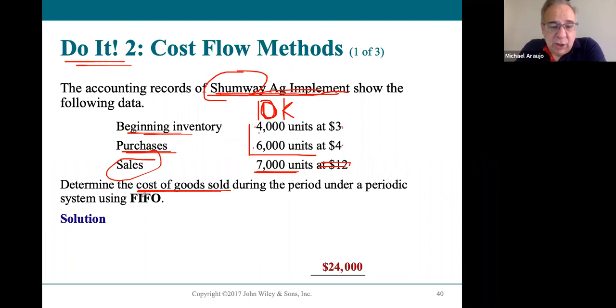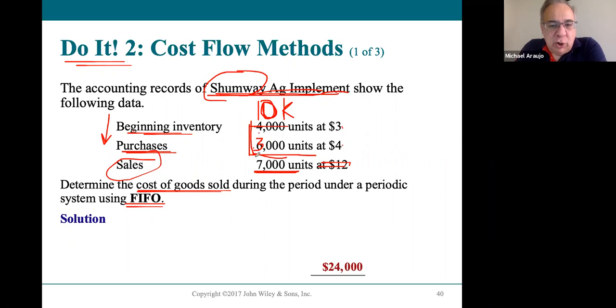So cost of goods sold using FIFO. FIFO, again, first ones in are the first ones out. So if they sold 7,000 and you looked at this list, and it's a very short list, you know that these 4,000 units have been sold. They're gone, right? Well, 4,000 of 7,000, you need 3,000 more, so of the 6,000, 3,000 are gone.